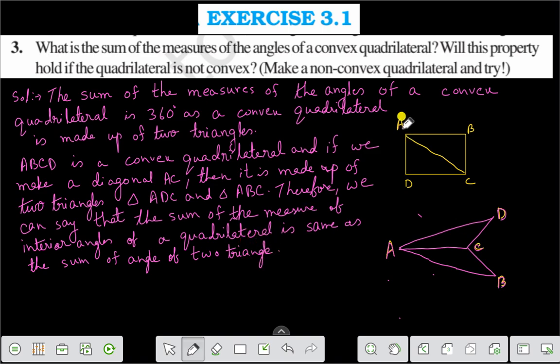Here we find that there are two triangles ADC and ABC. The sum of the angles of this triangle is 180 degree and the sum of the angles of this triangle is 180 degree. A total is 360 degree, right?